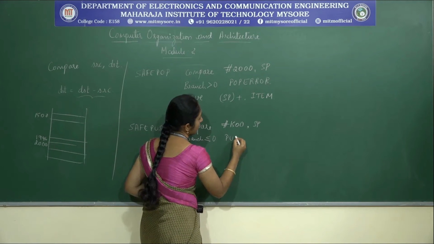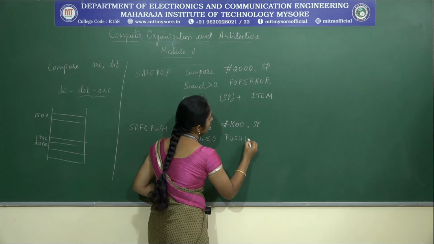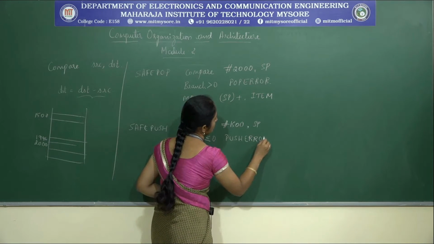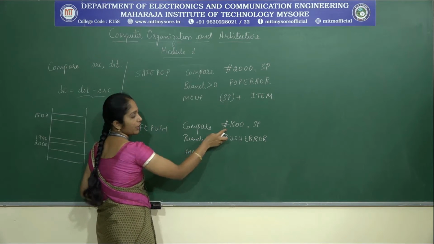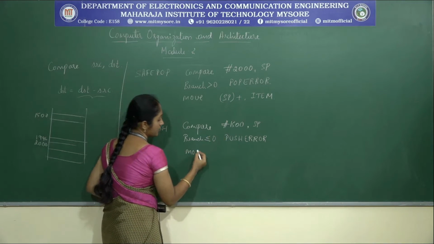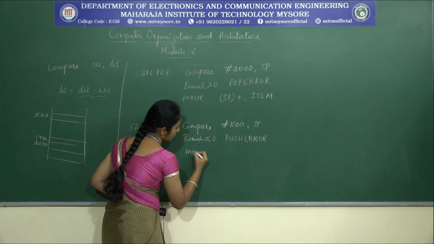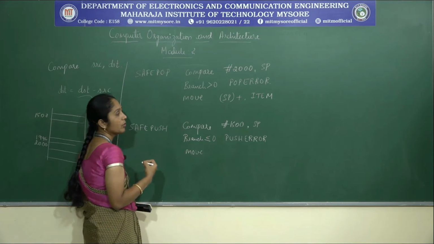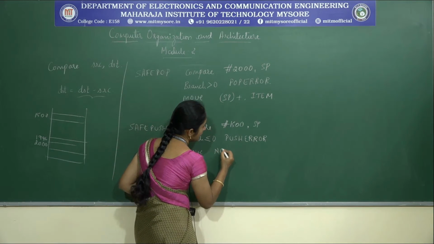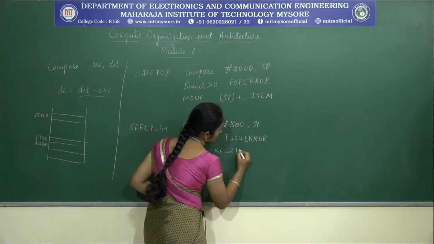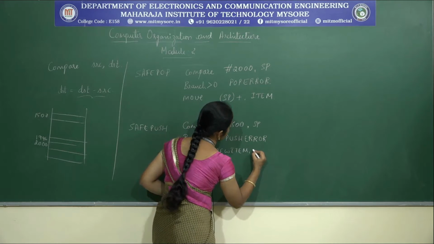If that is the case, then we should go to push error. If the comparison result is not less than or equal to 0, then it has to go to the next instruction, that is move new item into the stack.